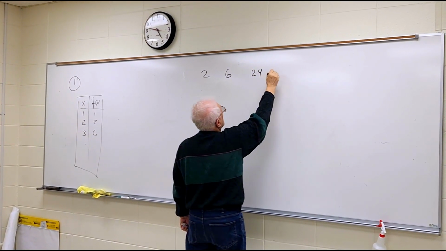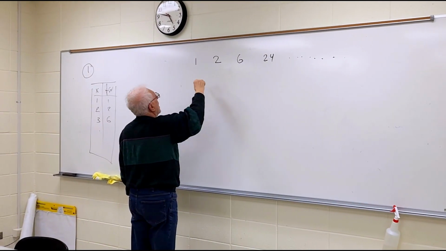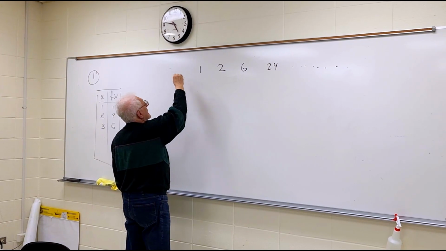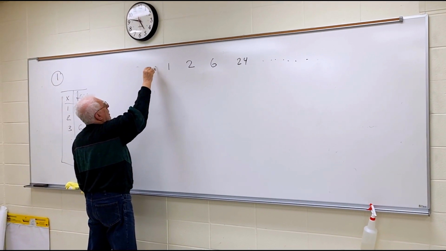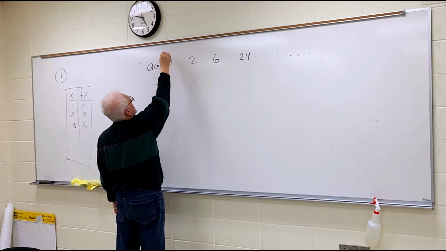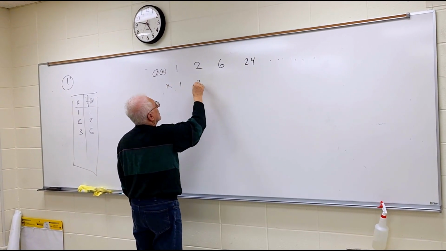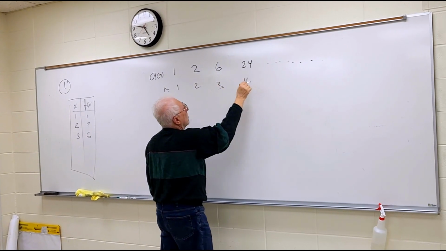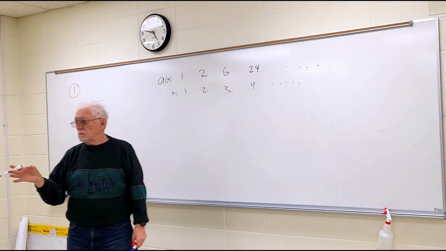And so on. Now, I can say that is a function of a position, and position of n was 1, 2, 3, 4, and so on. So we have a sequence.